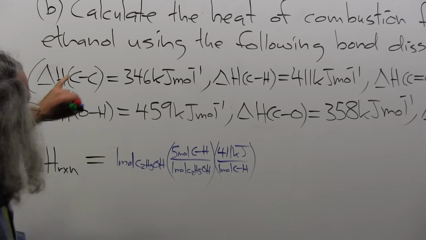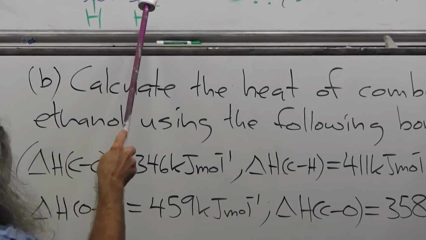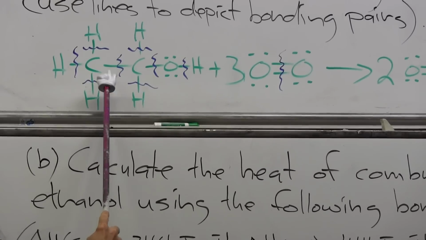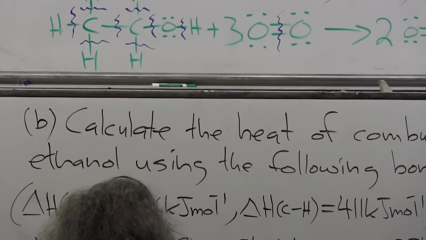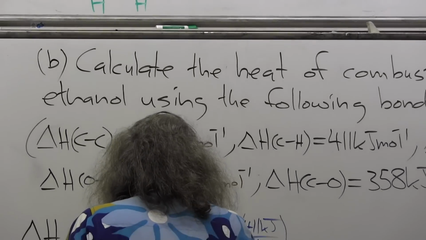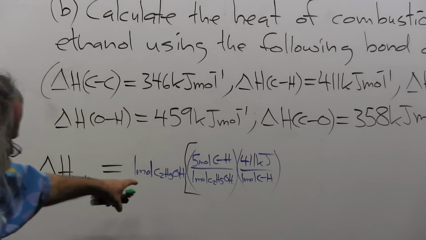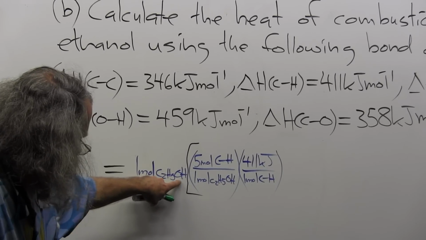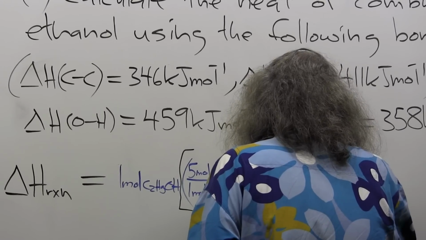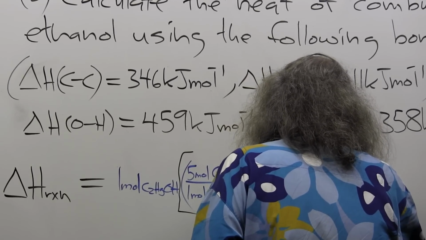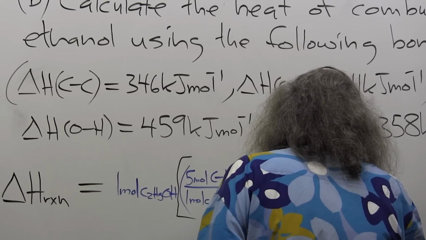And now I can place a bracket there, and for every mole of C2H5OH, I've got plus 1 mole of carbon-carbon bonds for every 1 mole of C2H5OH.